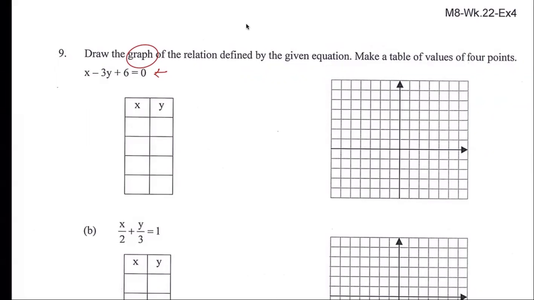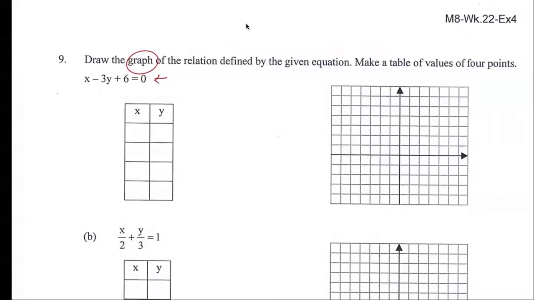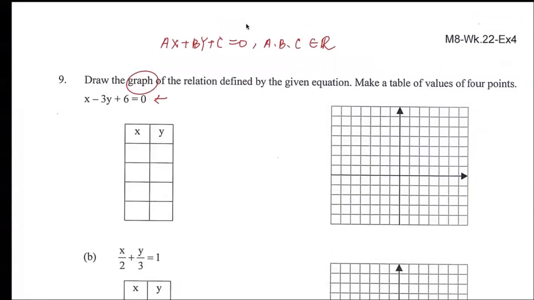If every time you see an equation like this, you remind yourself that the standard form of a linear equation should look like this: ax plus by plus c is equal to 0, where a, b, c are all real numbers, then after a while, this will be in your head forever.